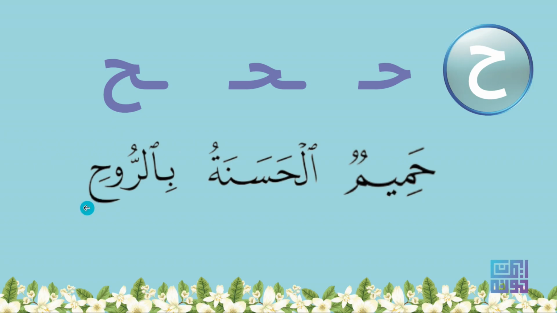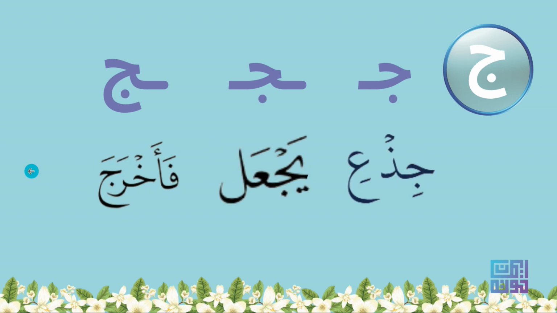In the ha, the waw does not allow connection after it. So this is why the ha is written separately and not connected to the letter waw. And also, the jim didn't connect with the ra because the ra and the waw do not connect with the letter that comes after them. Very good.